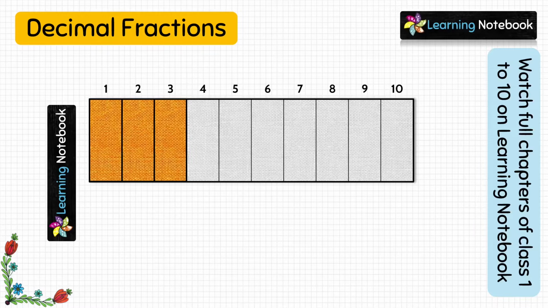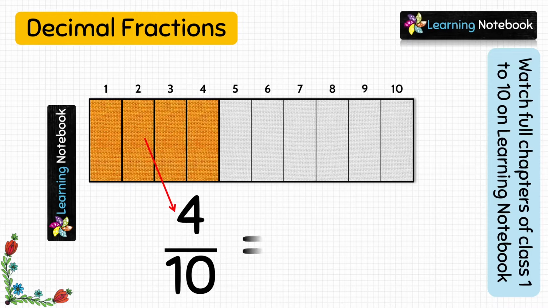Similarly, let's color one more part. So now the fraction of this colored portion is 4/10 and its corresponding decimal number is 0.4.